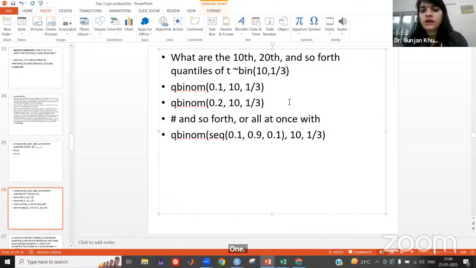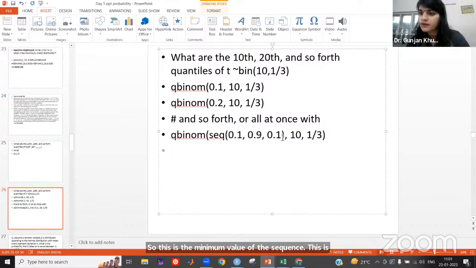And if I want to calculate the 10th, 20th, 30th, 40th, 50th, 60th, 70th, 80th, and 90th quantiles, then I will be using this command, qbinom of a sequence, 0.1, 0.2, 0.3 up to 0.9. This is the minimum value of the sequence, this is the maximum value of the sequence, and this is the increment you want, and then the other parameters. So I want you to give me the answers.